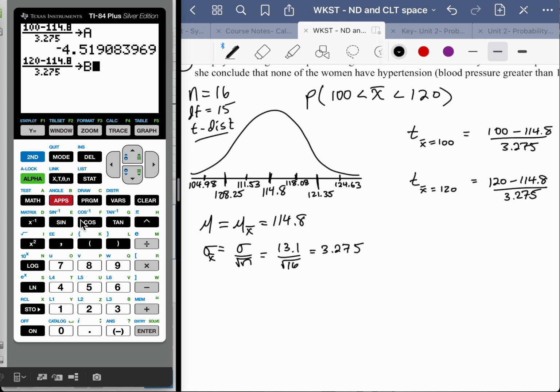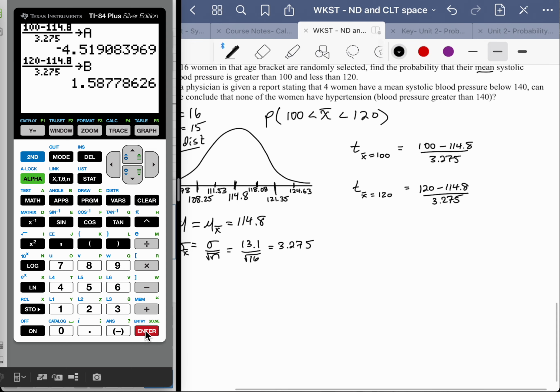So alpha apps brings up a B, and now you have these two entries. So approximately negative 4.519 and approximately 1.588. So I'm looking for the probability that T is going to be in between these two numbers.